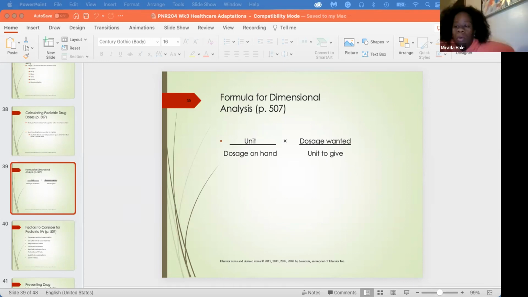Once I do my weight times the 15, I do dimensional analysis. I put that 210 at the top over 1, and then I do the 5 milliliters over 250. Okay. She's such an overachiever.